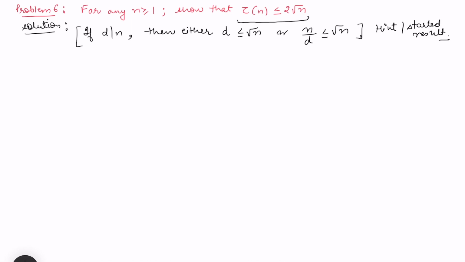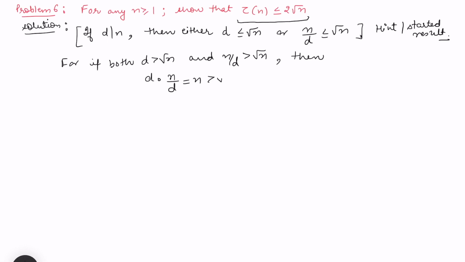So now what we want to show is, if both d is greater than root n and n by d is also greater than root n, okay, then d into n by d is equal to n, which is greater than root n into root n, which is equal to n, and that will give me a contradiction.